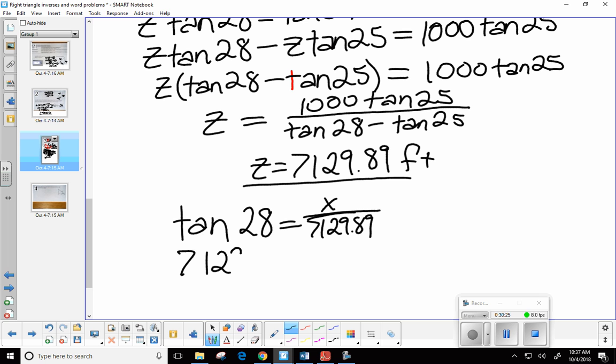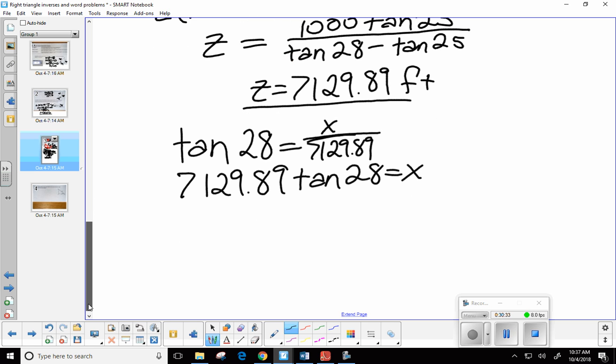And then to get x by itself, we're going to multiply that, so 7,129.89 times tangent 28 equals x. Can somebody plug that in and tell me what it is? 3,791 feet equals x.